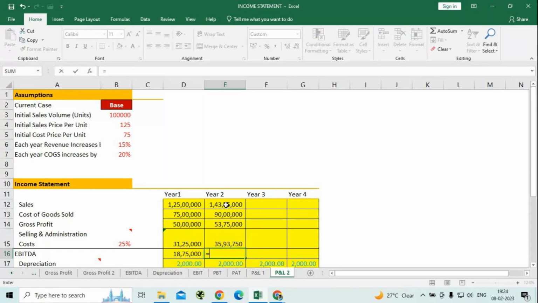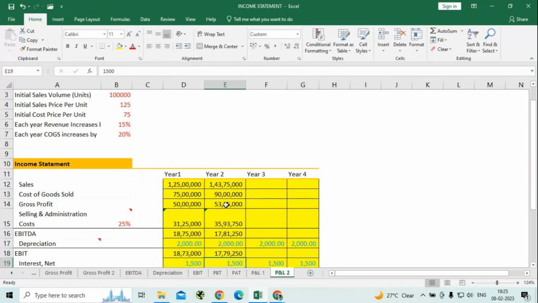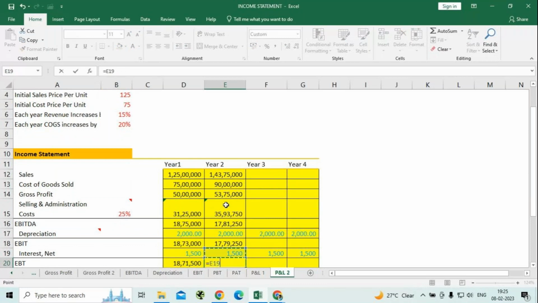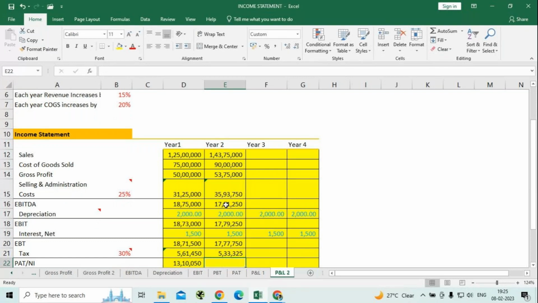Then the EBITDA value will be gross profit minus selling and administration cost, and again the depreciation value should be subtracted from the EBITDA value, and the interest amount should be subtracted, and the tax should be calculated at 30% of your earnings, and finally the EBT value minus the tax amount.